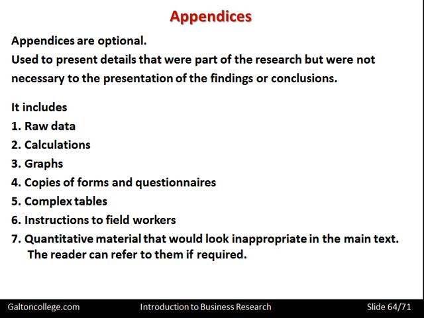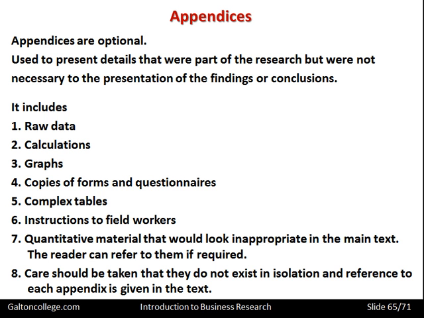The reader may look at this if the reader wishes to, but more importantly, it's all done in the open. So the reader has confidence in the exercise, nothing was hidden. So all of the reports, the activities of the research are produced in the appendices.